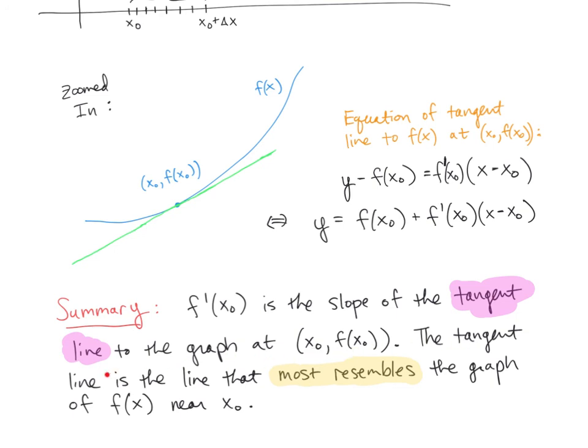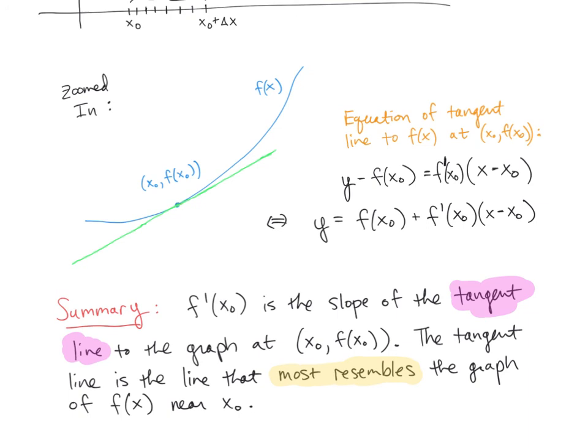And the tangent line, what is it? The way you can think about the tangent line is it's the line that most resembles the graph of the function f of x near x naught. It's the unique line that best approximates the function near this point x naught, f of x naught.